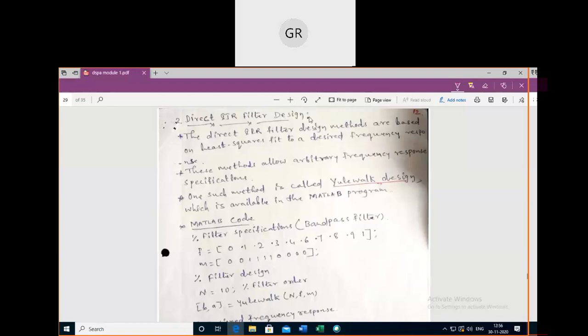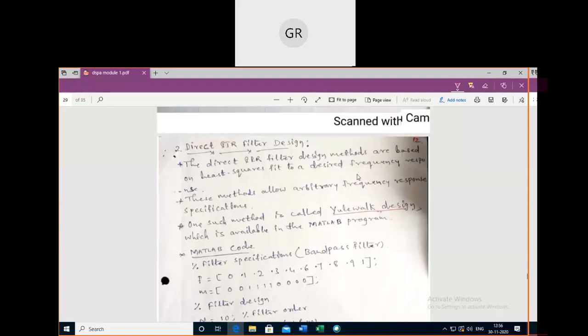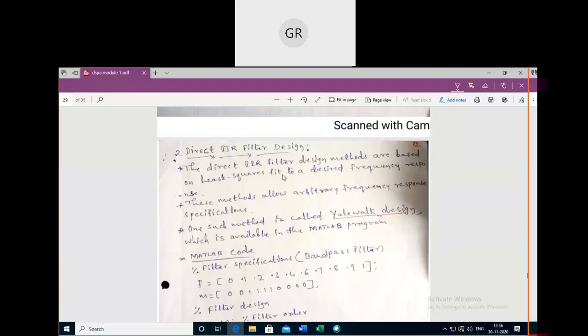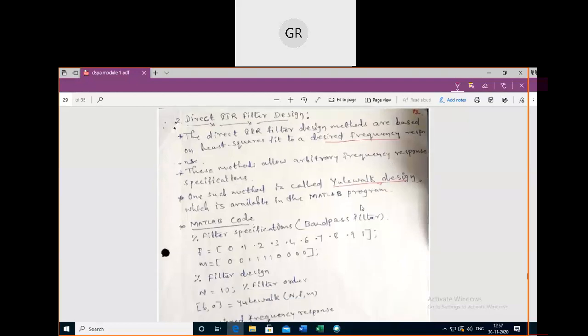Now the direct IIR filter design. The direct IIR filter design methods are based on the least square fit to a desired frequency response. These methods allow arbitrary frequency response specifications. One such method is called the UOC design, which is available in the MATLAB program.